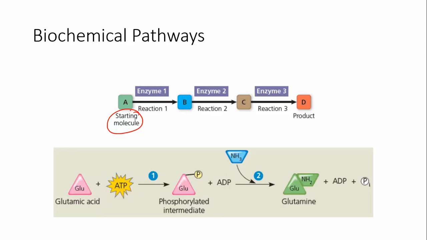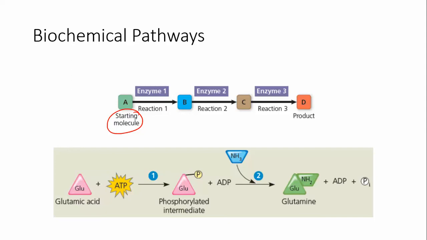So here you start with molecule A, and the first reaction uses enzyme 1 to turn it into molecule B, which then undergoes the second reaction using enzyme 2 to turn it into molecule C, and so on. That's a very generic example, showing you just kind of how enzyme biochemical pathways work.